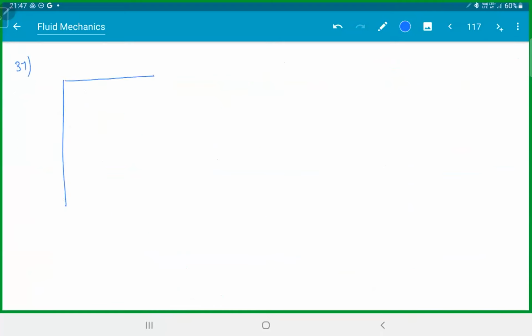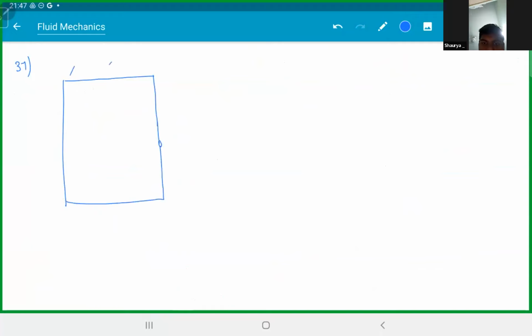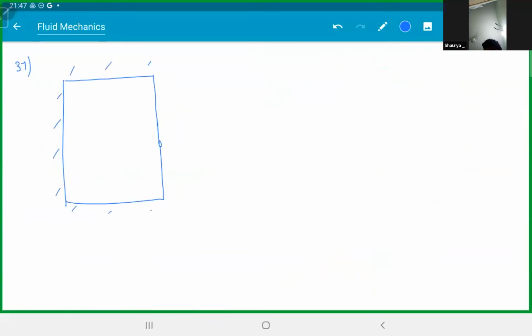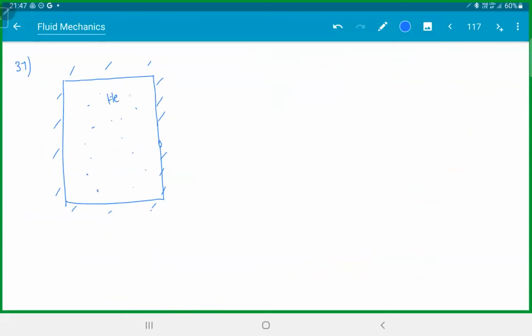We have a container. The entire inside is filled with helium gas.